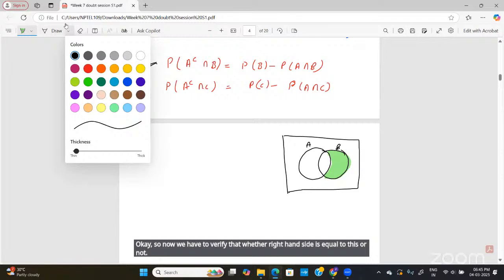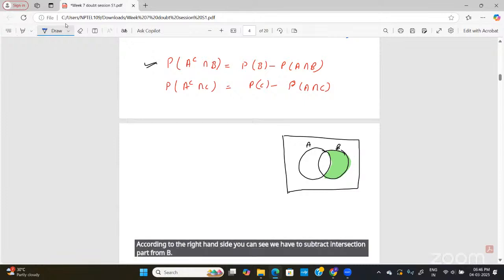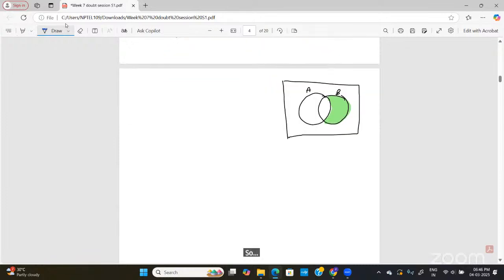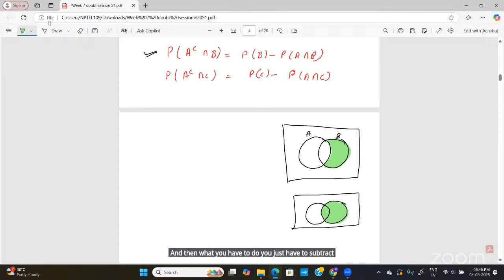According to the right hand side, you can see we have to subtract the intersection part from B. If I draw it separately, you have this entire B. And then you just have to subtract the A intersection B part. A intersection B is this region, right?